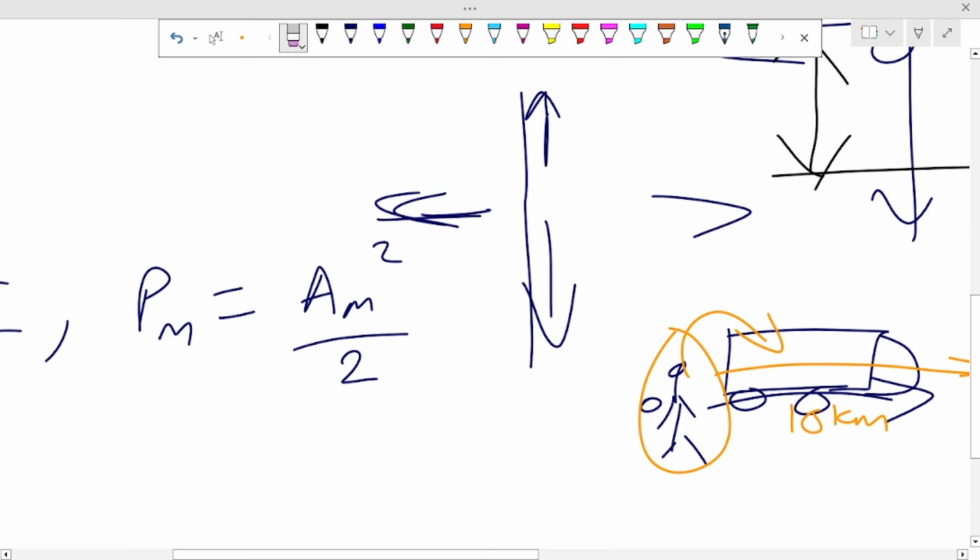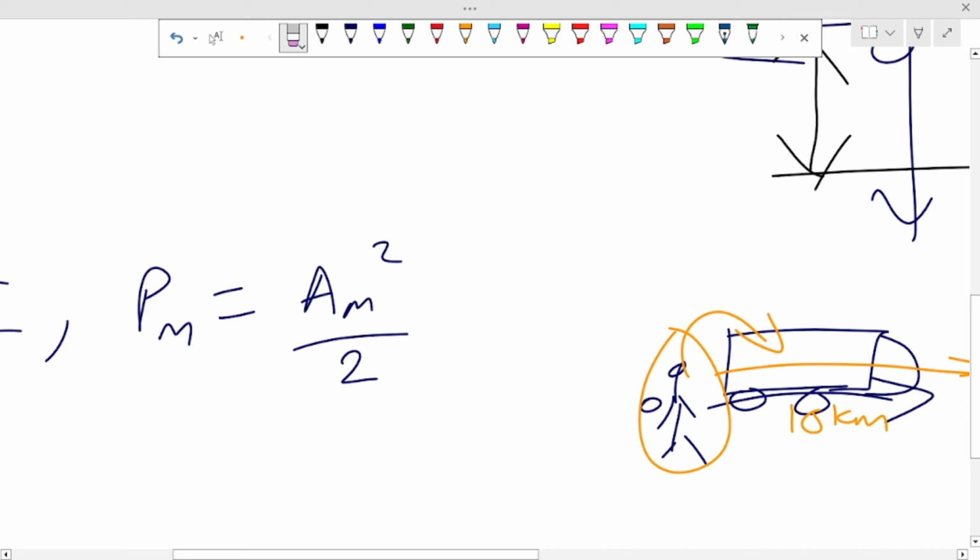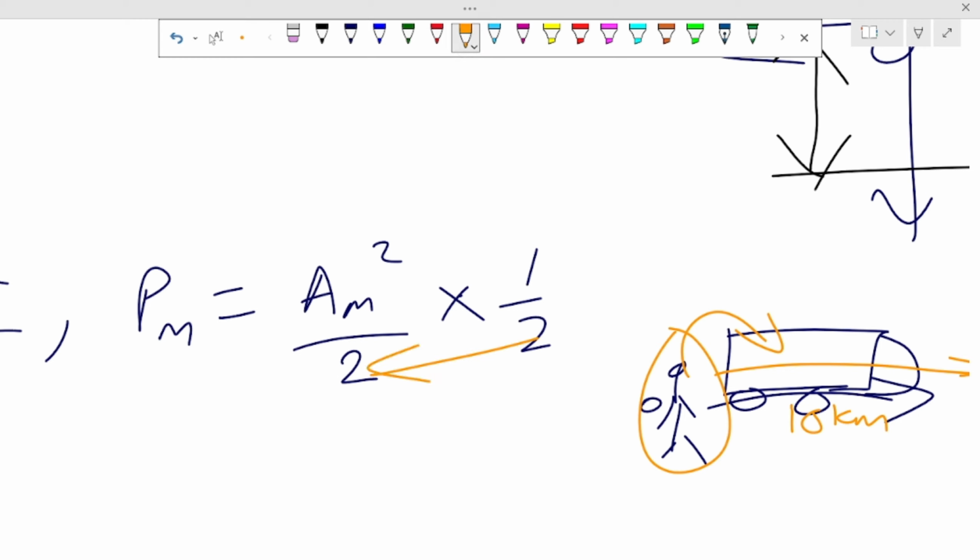So in that case we have to divide this message signal by 2, which is the same thing as multiplying by 1 over 2. This will now cause this to be, multiplying them, 4.